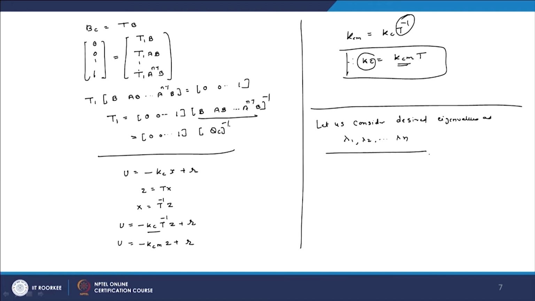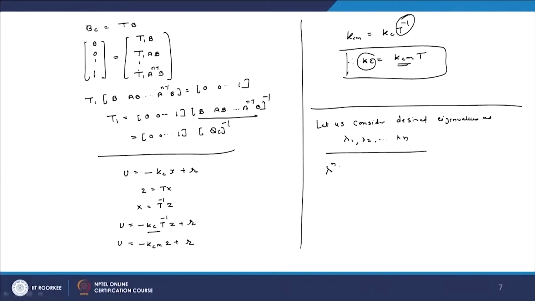Based on the desired eigenvalues we can write down the characteristic equation as lambda n plus alpha 1 lambda raised to n minus 1 plus alpha 2 lambda raised to n minus 2 plus ... plus alpha n equal to 0. This is our desired characteristic equation.